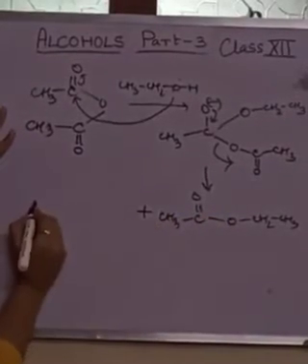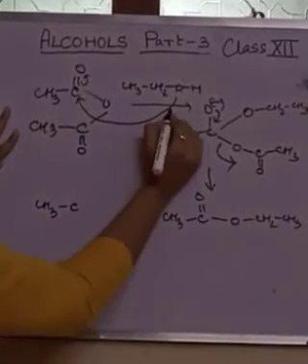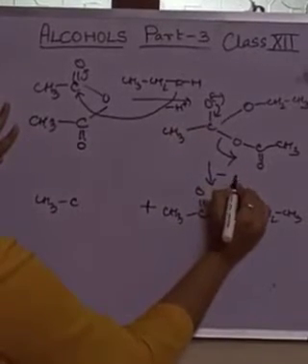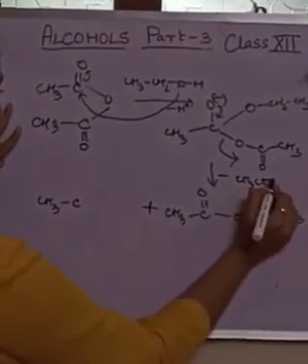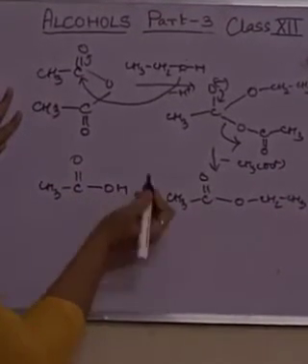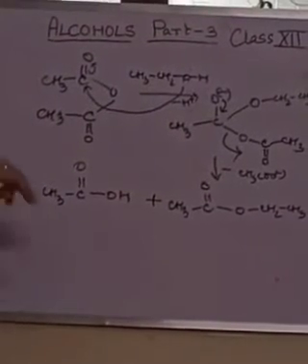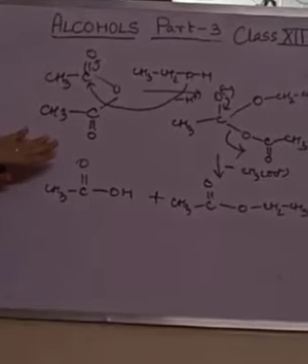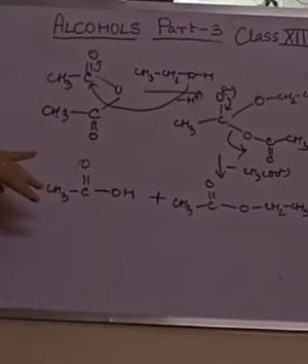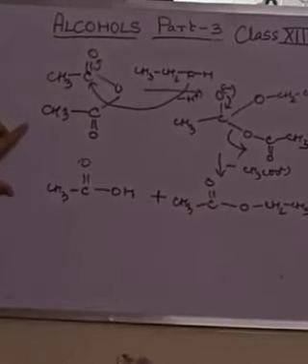Along with that, a carboxylic acid will be obtained. This is the entire mechanism of reaction of alcohols with acid chlorides and acid anhydrides. Here acetic anhydride is used. Okay.